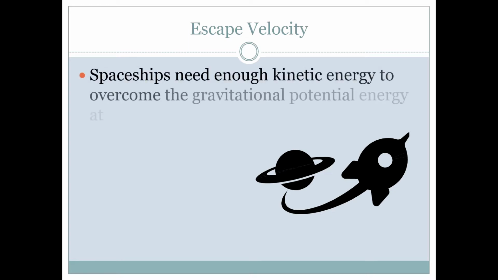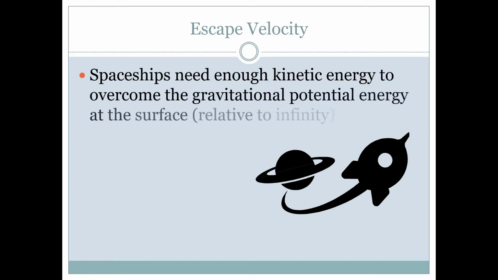So if we're trying to leave the Earth, we need to provide enough kinetic energy so that we can overcome the gravitational potential energy at the surface of the planet, or just for our case, the surface of the Earth. What we're basically going to do is set the kinetic energy of our spacecraft equal to the potential energy at the planet's surface.